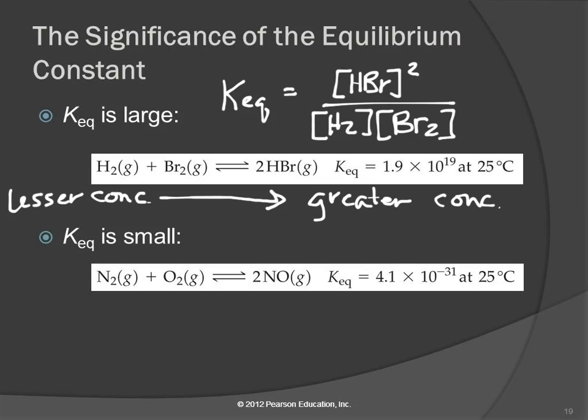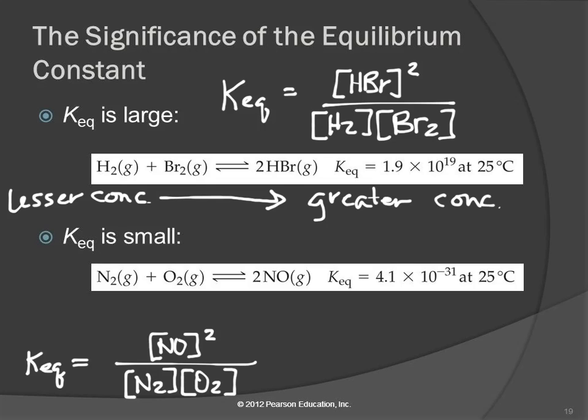It's just reversed. So if KEQ is small, well down here, the equilibrium expression for this one is what? NO squared divided by the concentration of N2 and O2. If this number is small, this whole thing is a small number.